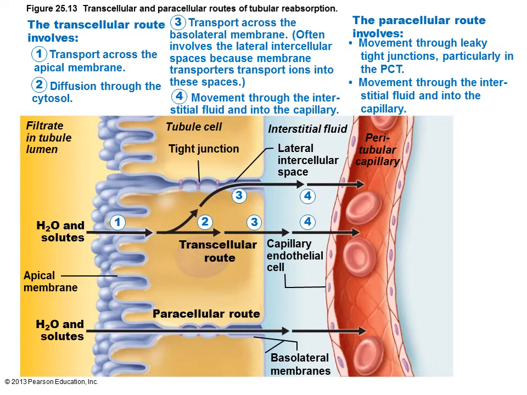It goes through the apical membrane, into the cytosol, into the basolateral part of the tubule, and into the tissue fluid, and then ends up in the peritubular capillaries, so in the blood. Or it goes between the cells, which is paracellular. That is how water and ions such as calcium, magnesium, and potassium can be reabsorbed from the filtrate to the blood.